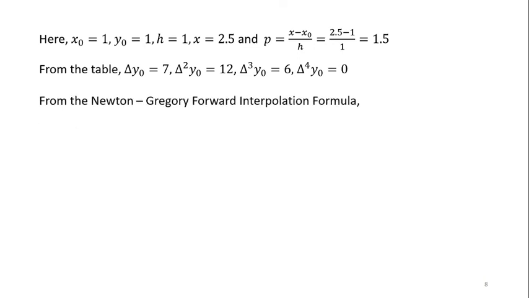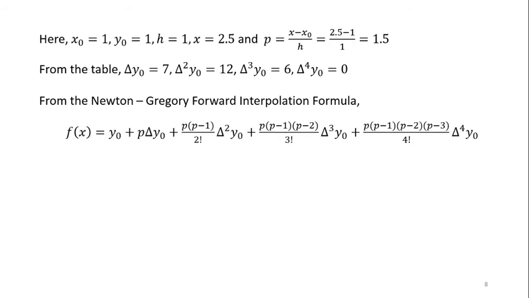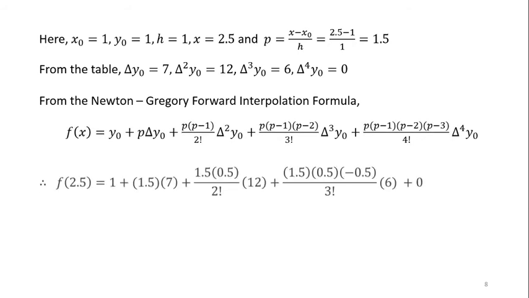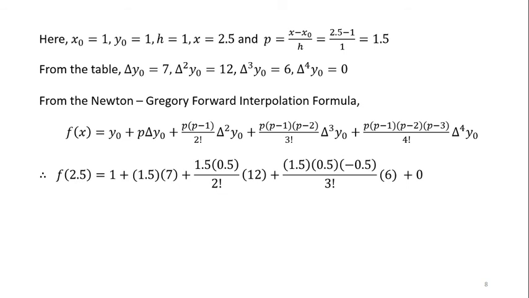So, if we write the Newton-Gregory forward interpolation formula and substitute these values, we get f of 2.5 as 1 plus 1.5 into 7 plus 1.5 into 0.5 by 2 factorial into 12 plus 1.5 into 0.5 into minus 0.5 by 3 factorial into 6 plus here delta power 4 of y naught is 0. 0 into any value is 0. So, this last term will be 0. Now, simplify this. Then f of 2.5 is equal to 15.625.